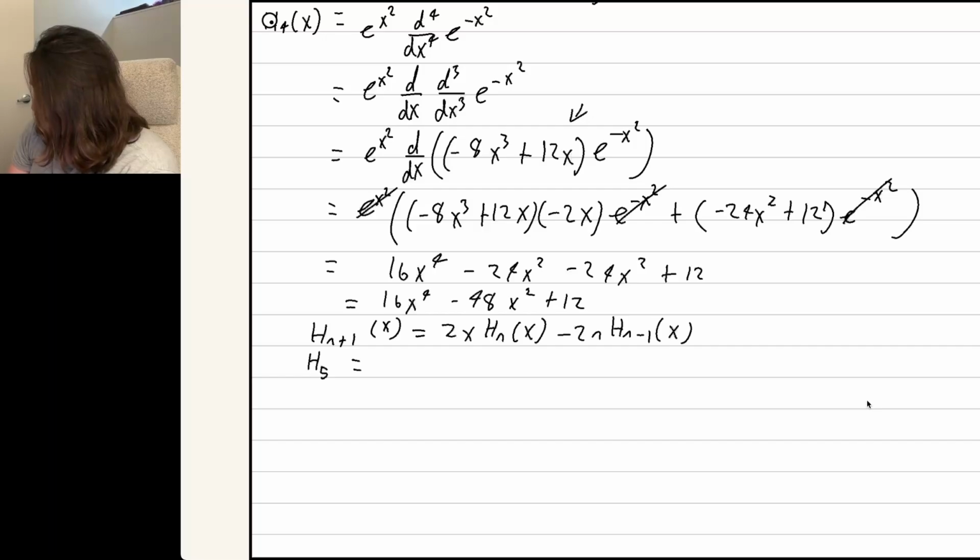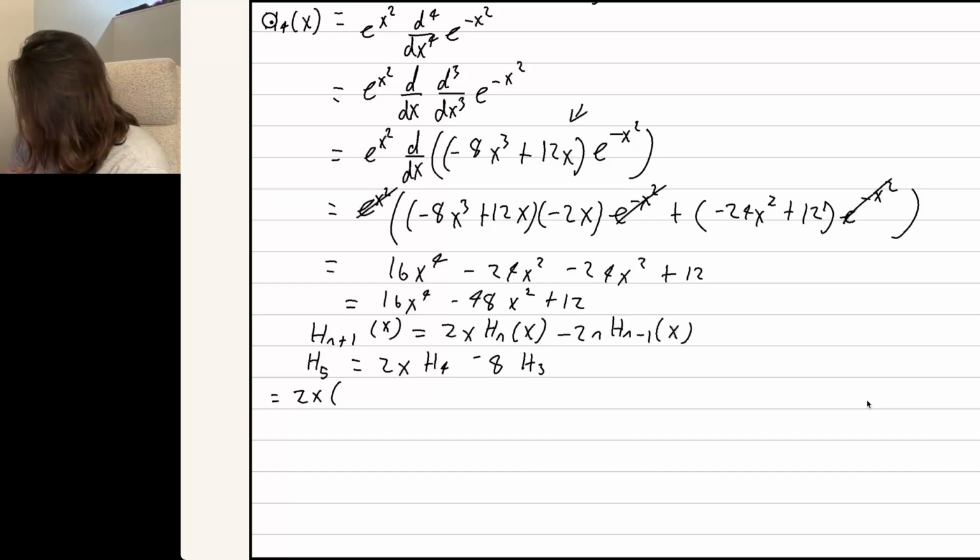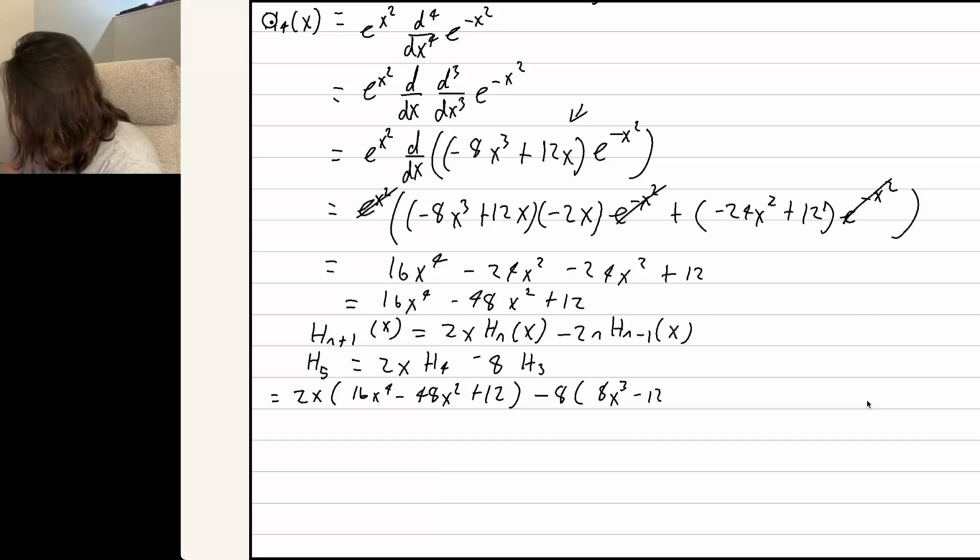You'll have 2x H4 minus 8, 2 times 4 is 8, H3. So we're doing 2x times 16x fourth minus 48x squared plus 12 minus 8 times 8x cubed minus 12x.